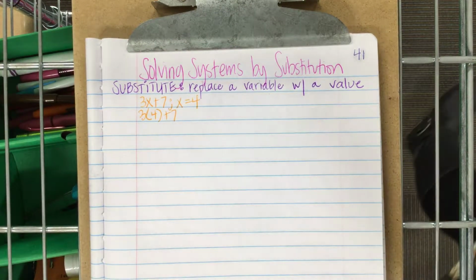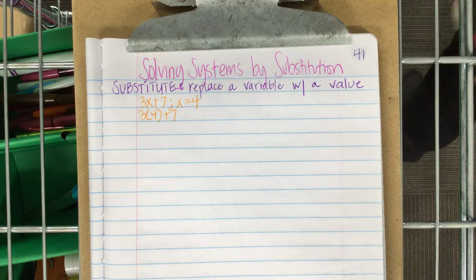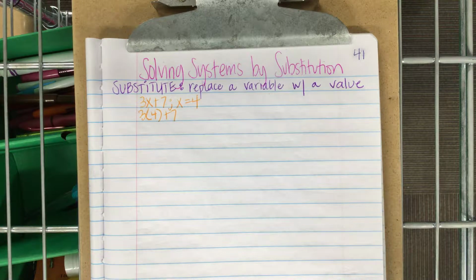Now, we would go even further because no one out there would say, hey, you guys, just so you know, the popcorn you ordered from me, it's actually 3x plus 7 where x equals $4. Right? No one's going to say that. No one is going to say it's 3 times 4 plus $7.